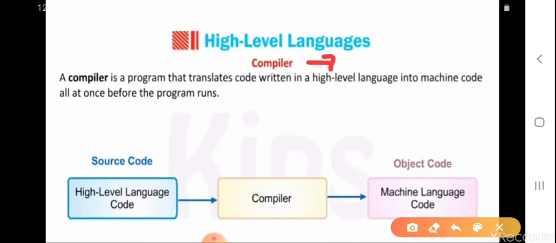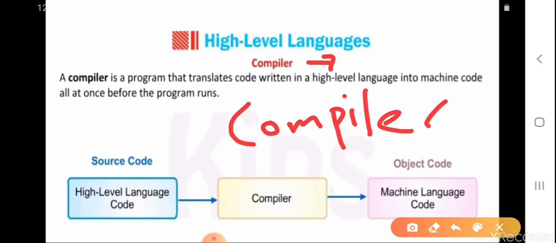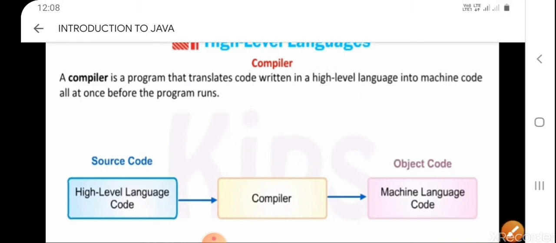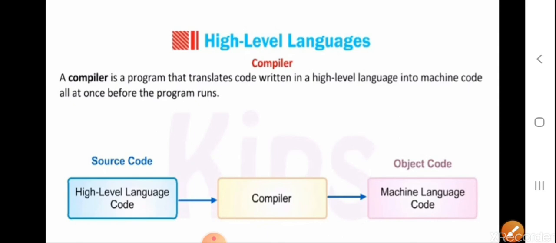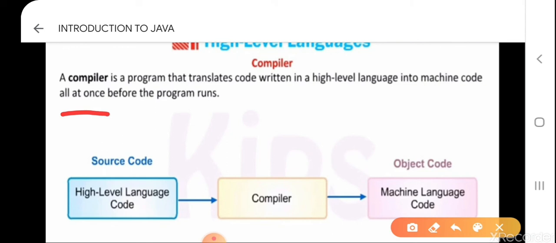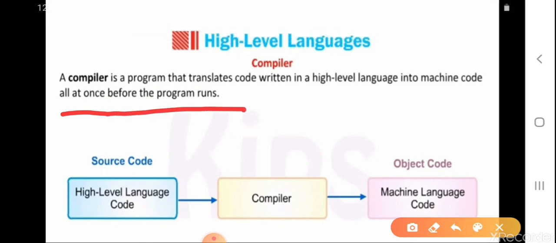I have seen you people making a lot of mistakes in the spelling. So, what is a compiler? A compiler is a program that translates code written in a high level language into machine code all at once before the program runs.